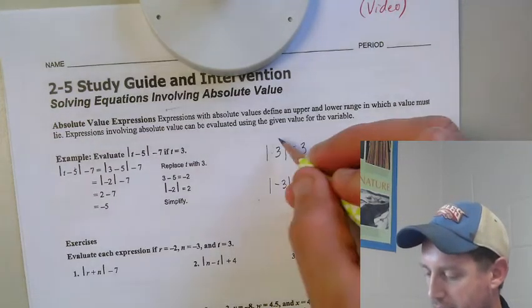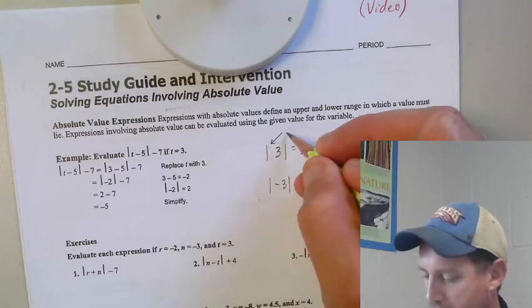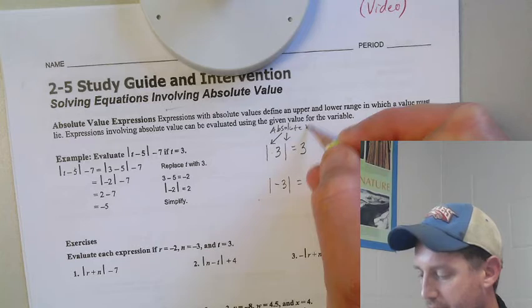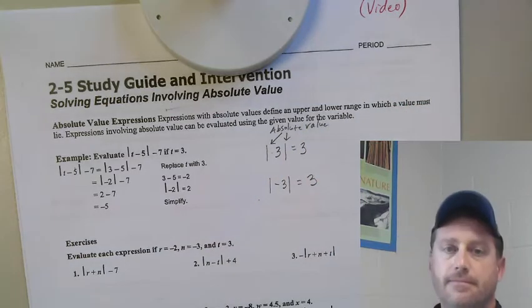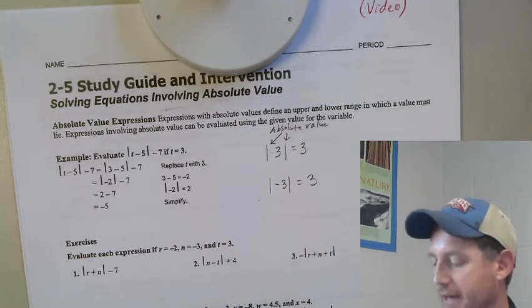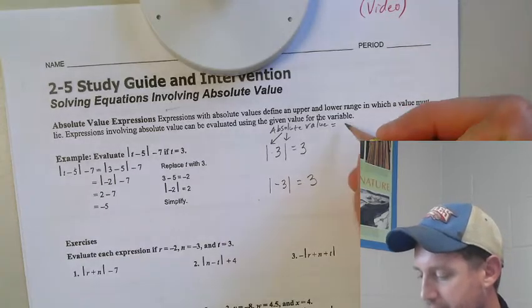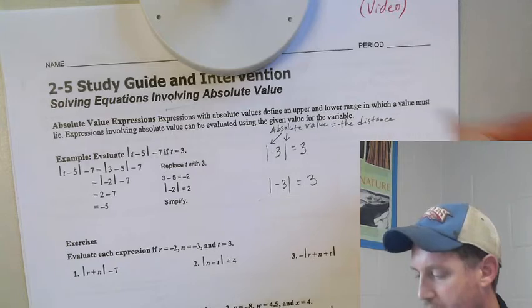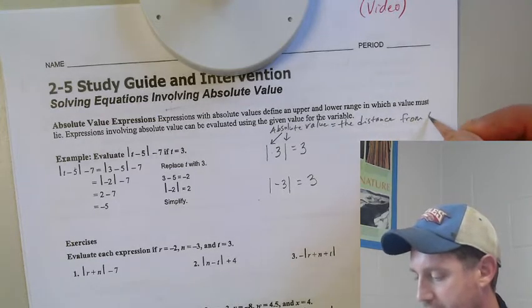So again, maybe you want to make a little note to yourself. Don't forget that this means the absolute value. The definition of absolute value is this: it's the distance from 0.